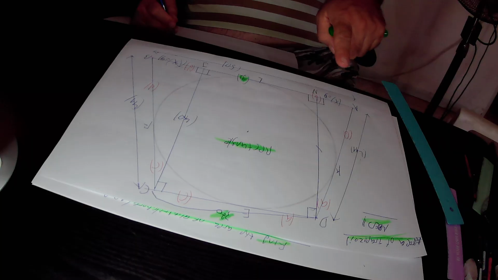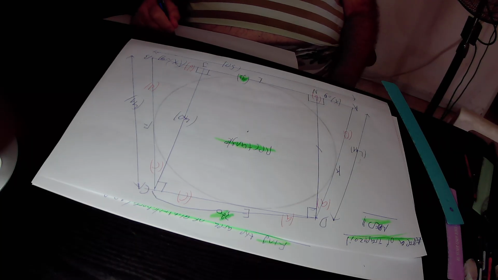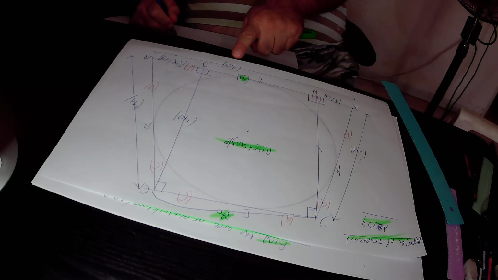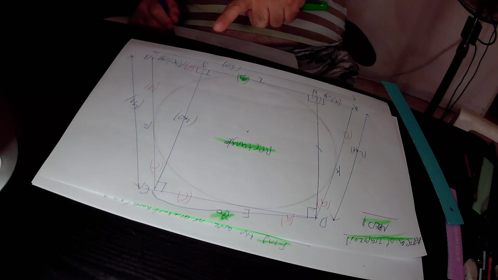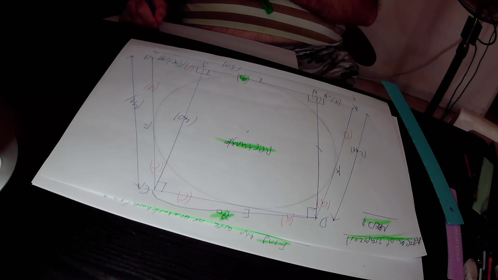DC is 32 plus AB, AB is 50, times the height CJ. We just found that CJ equals 40, divided by 2.